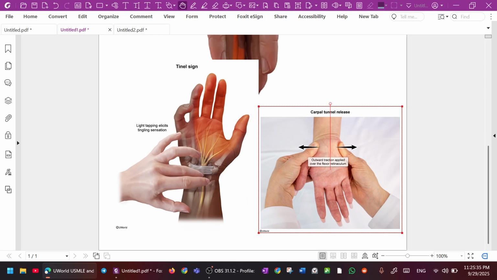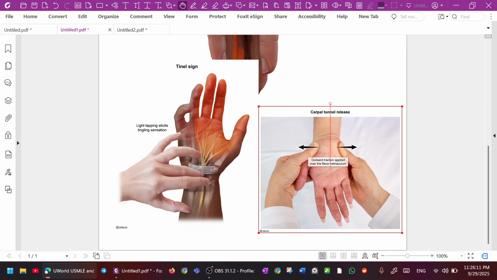There may also be weakness of the median innervated muscles proximal to the wrist, impaired wrist flexion, or forearm pronation. Pronator teres syndrome is rare, generally occurring with repetitive, forceful arm movement in tennis players or bodybuilders.